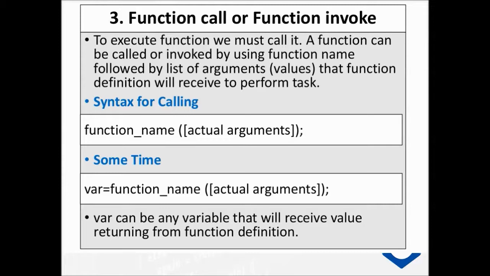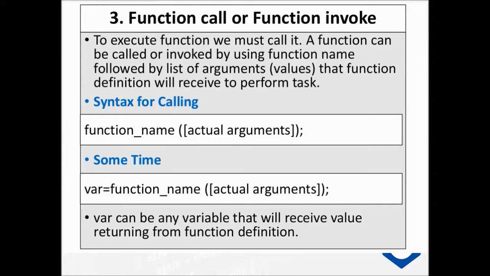So the syntax for calling a function looks like the function name, and then into the parentheses we write the parameter list or the actual list. These parameters or arguments are passed to the function, which uses them to perform the specific task on them.